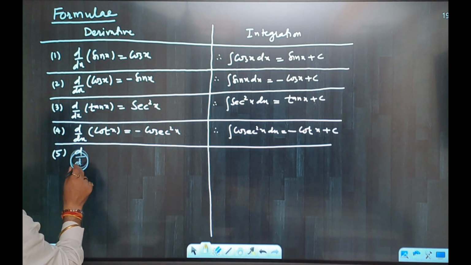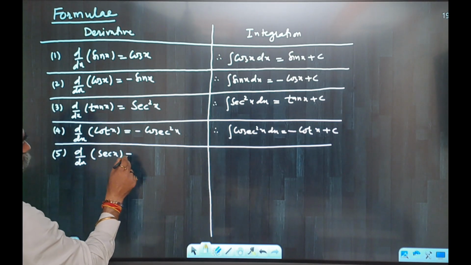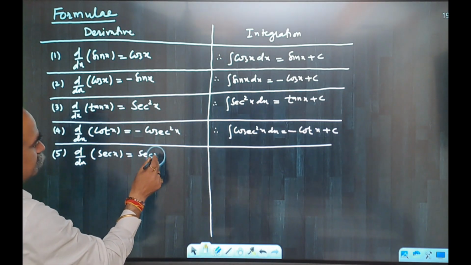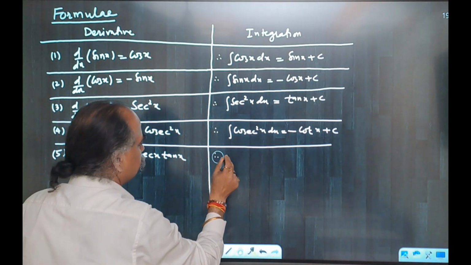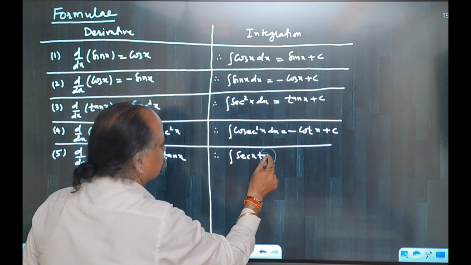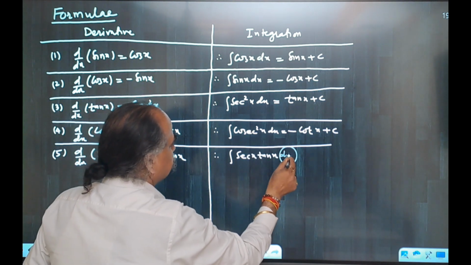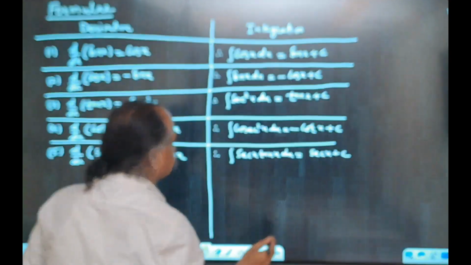Derivative of sec x is sec x tan x. Therefore, integral of sec x tan x with respect to x is sec x plus c.